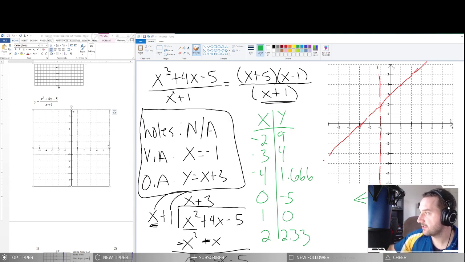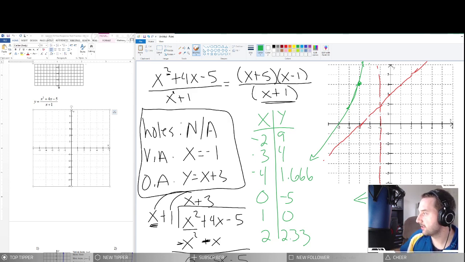So at -2, I get 9. Well, that's all the way up here. At -3, I get 4. At -4, I get 1.66. So hug the asymptote.